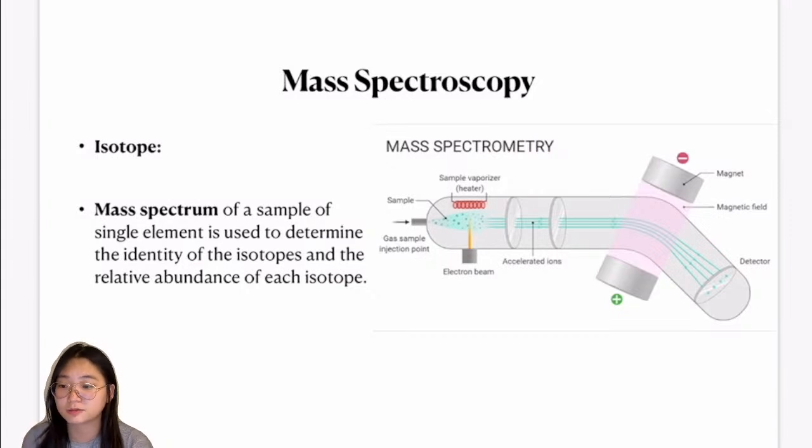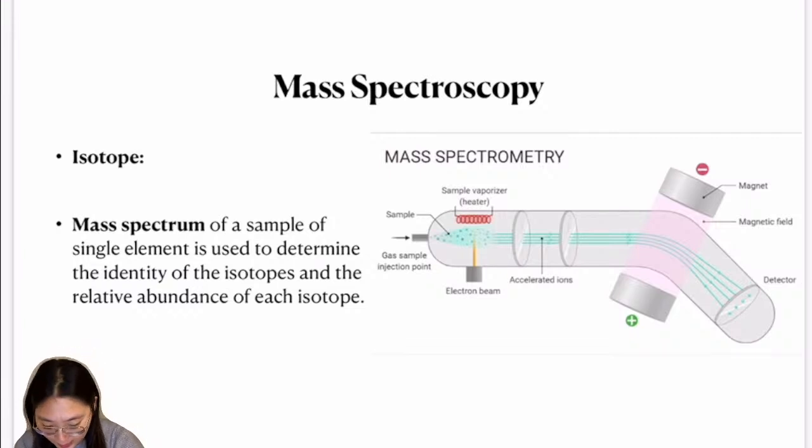But let's say they're raised in two different ways. One of them is a little bit chubby, the other one is a little bit skinny. So even though they have the same genes, their looks might be a little bit different, and their weights are also different. So isotopes are just like identical twins: one is a little bit bigger, the other one is a little bit smaller.